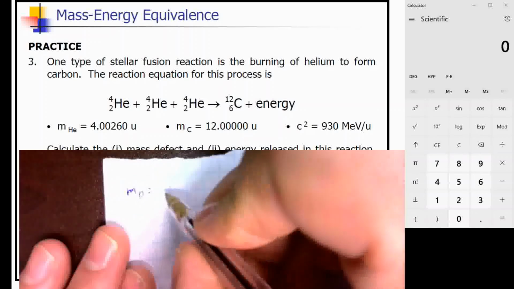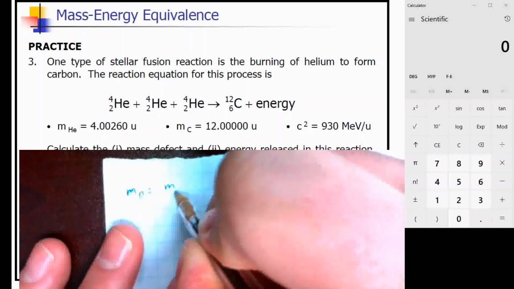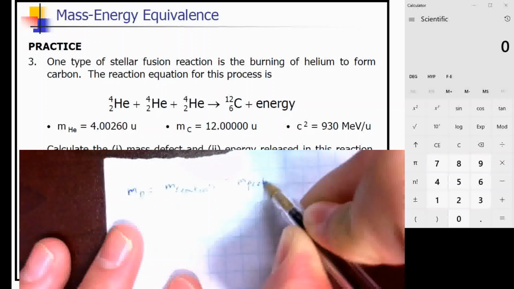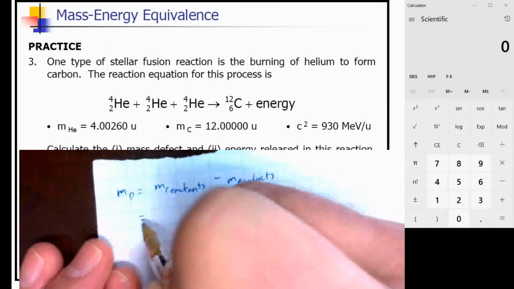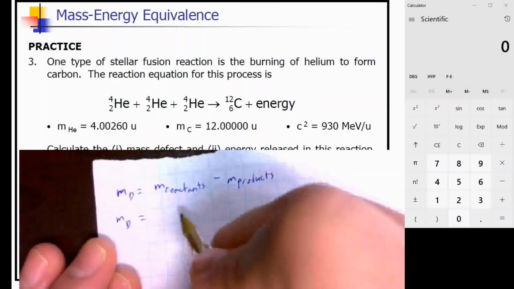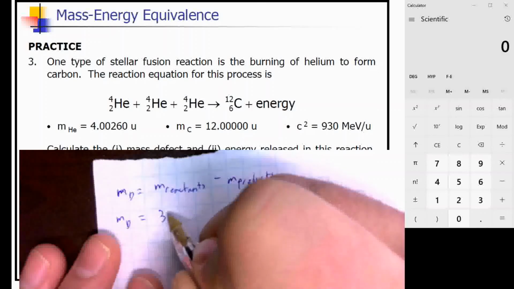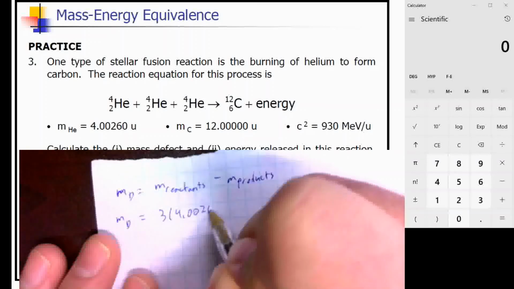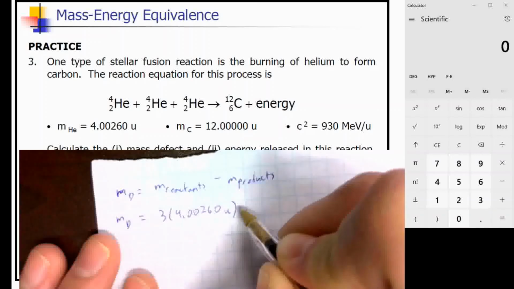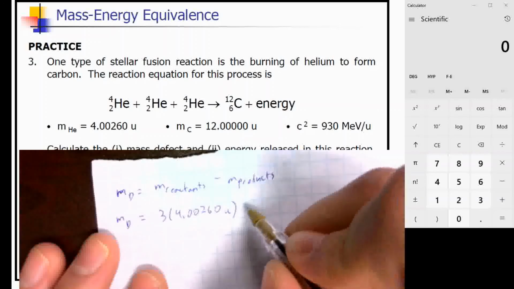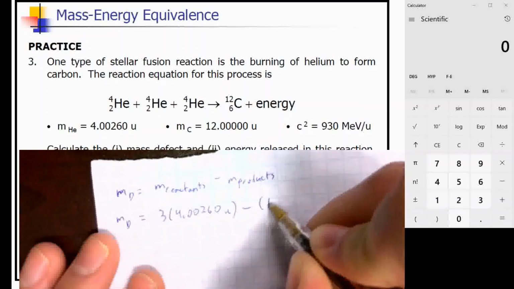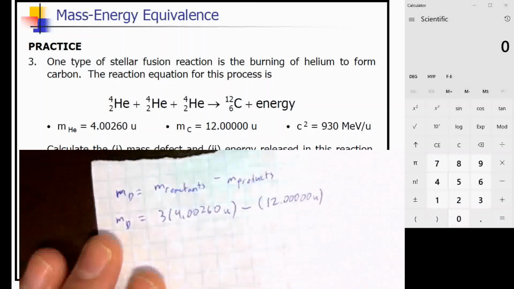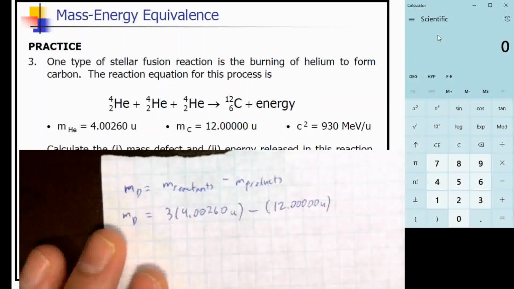MD is equal to the mass of the reactants, subtract the mass of the products. So the mass of my reactants is 3 times my mass of helium, which is listed as 4.00260 U. My mass of product is 12.00000 U. You can see that some of these things are very accurately known in terms of their measurements.